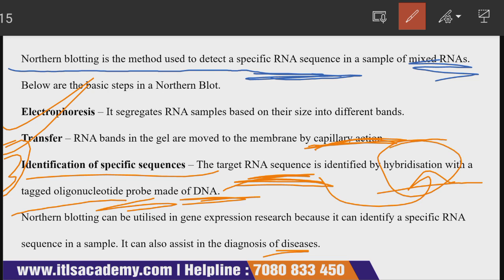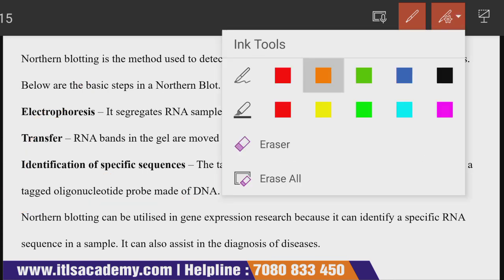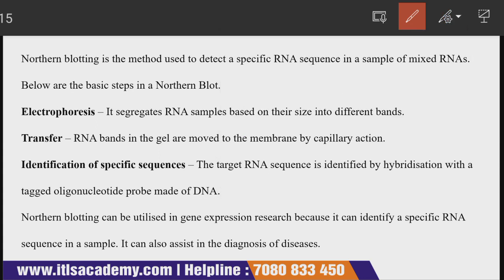But which type of probe is it using? An oligonucleotide probe made up of DNA. So northern blotting can be utilized in gene expression research. In interviews this question is generally asked: why is northern blotting used in gene expression research?